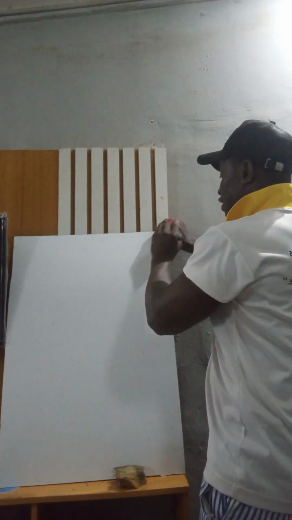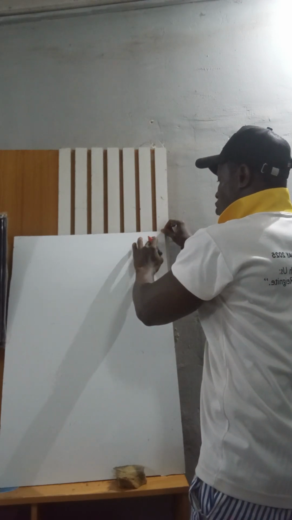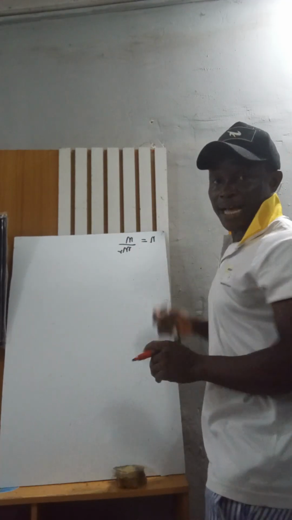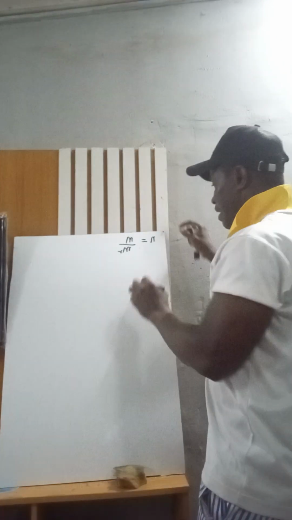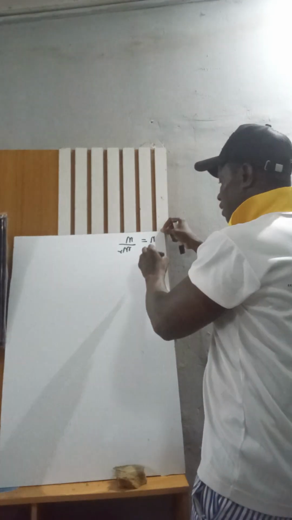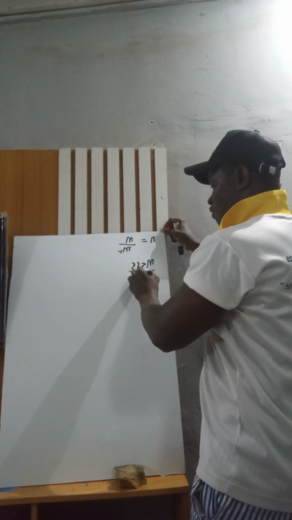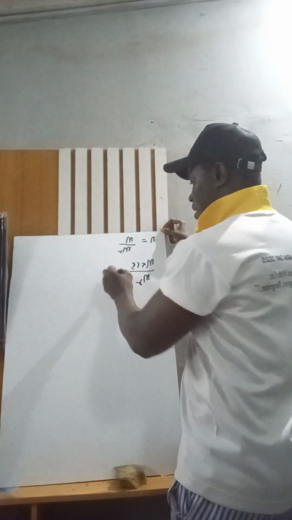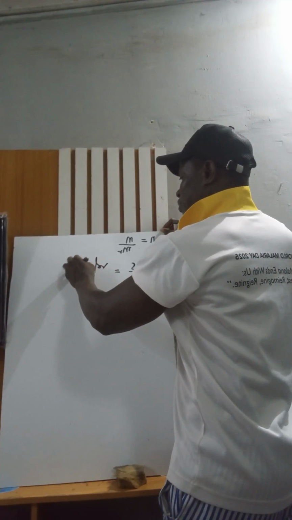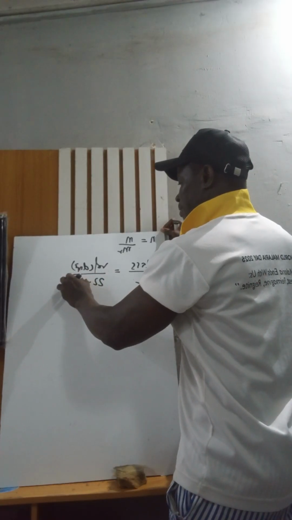Equation 1 says number of moles is equal to mass over molar mass. And then, please pay attention, mass over molar mass equals volume, if my volume is in dm cube for a gas, divided by 22.4 dm cube.